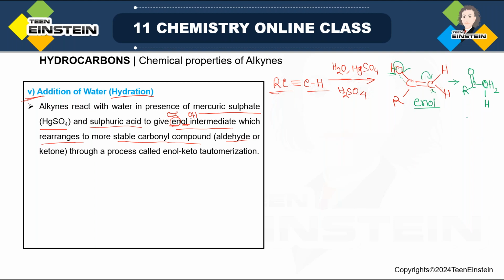So that is why we get this molecule. This is RCOCH3, so we are getting a ketone here. But suppose this R group is H, then you will get HCOCH3. So it may be an aldehyde or it may be a ketone. In this case we are getting RCOCH3, which is basically a ketone.